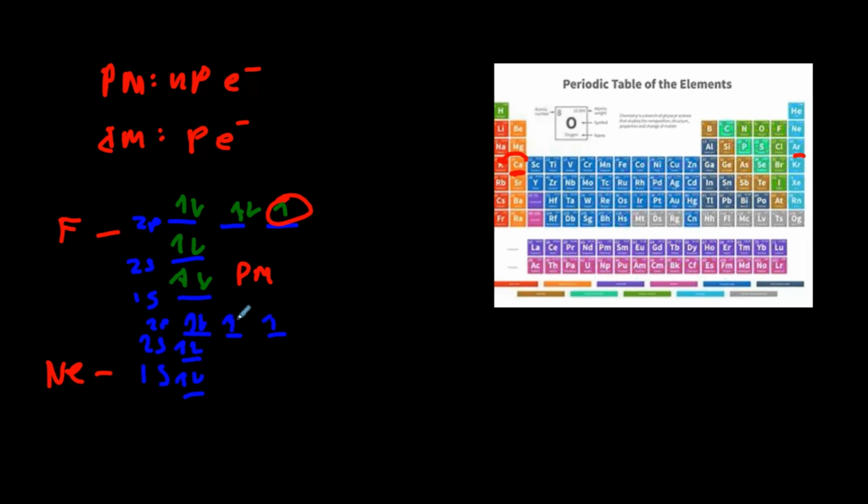We would have 0 unpaired electrons, because all of these guys right here have a partner. So they would be diamagnetic. In other words, they will not be attracted to a magnetic field.